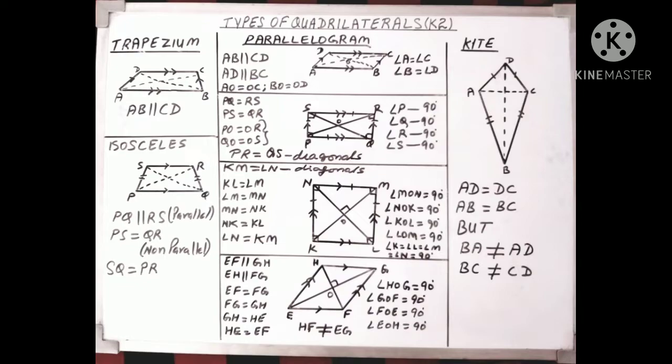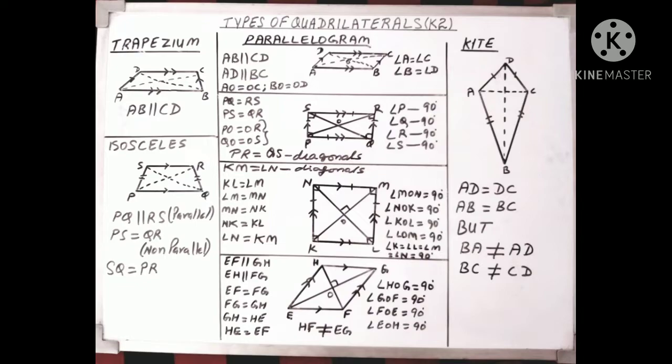Trapezium is a quadrilateral in which one pair of sides is parallel, right? So as you can see in the figure, we have a trapezium ABCD in which side AB is parallel to side CD.